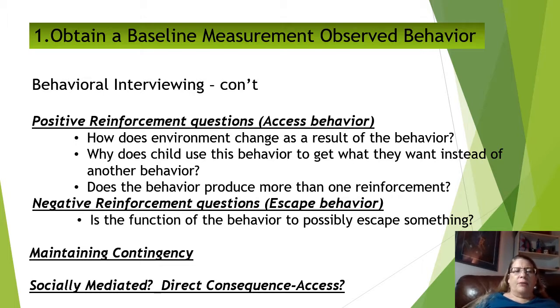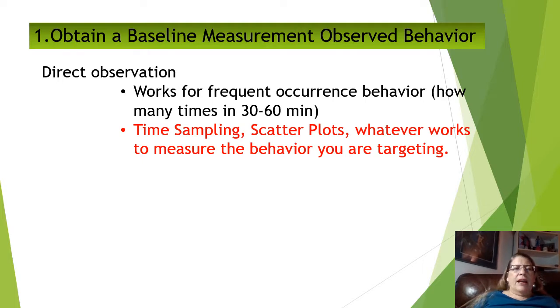And can you tell, just based on this behavioral interviewing, whether you have socially mediated or direct access, direct consequences? Other direct observations have to do with understanding the frequency and occurrence of the behavior. How many times does the behavior happen in a 30 to 60 minute time period?